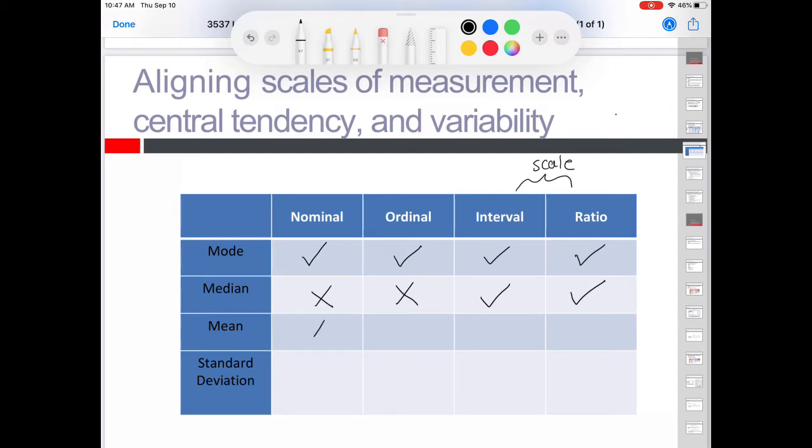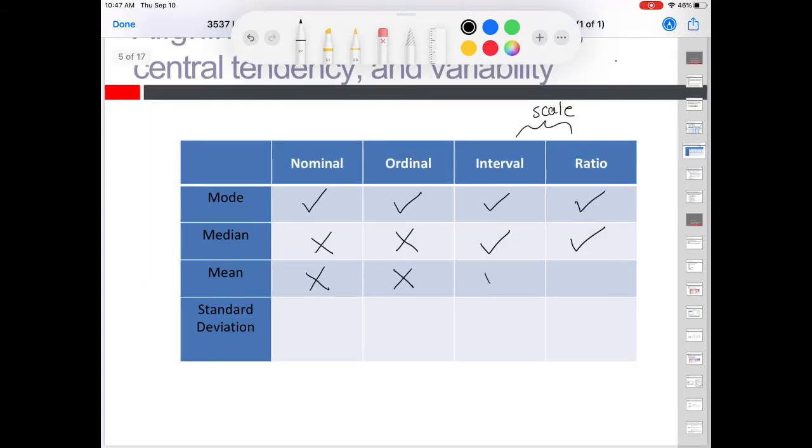We cannot calculate mean with nominal or ordinal data, so that's our categorical data and our Likert-type questions, but we do calculate mean with interval and ratio data. And standard deviation is also calculated only with interval and ratio data.